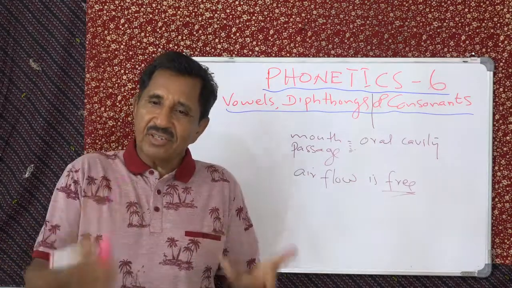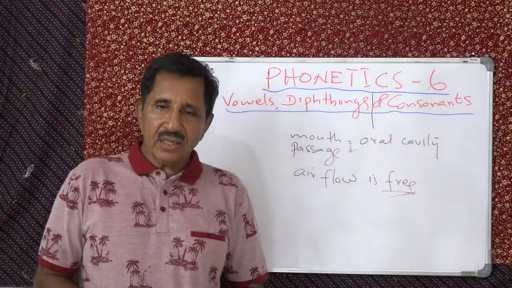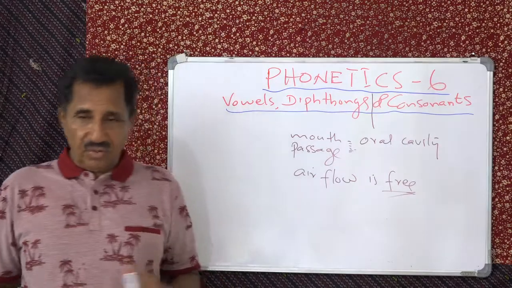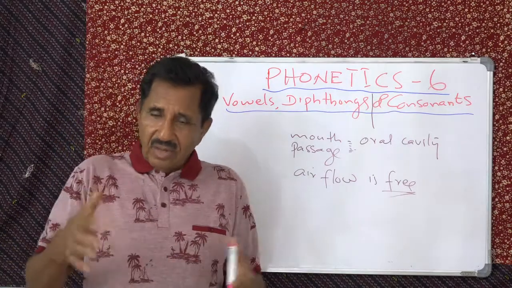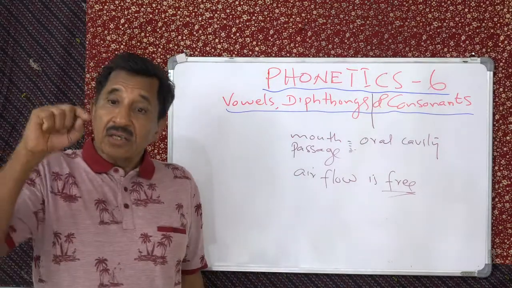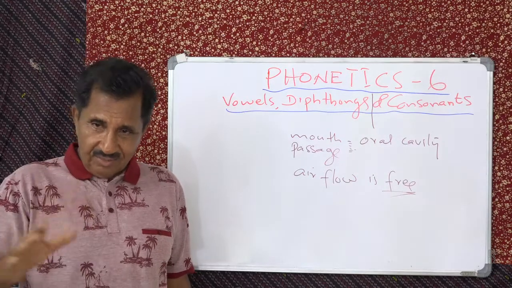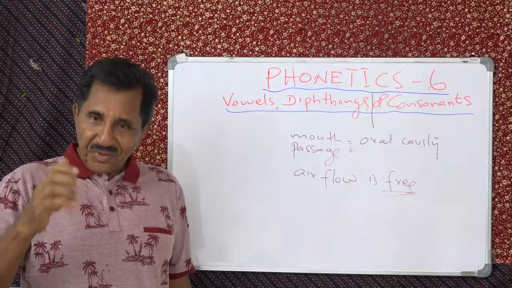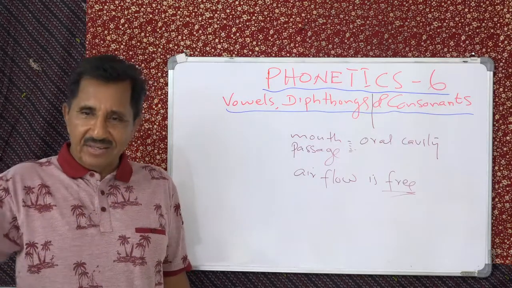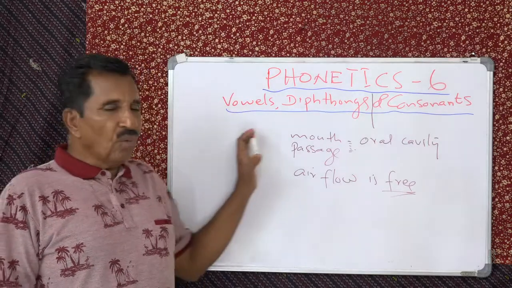So what is the definition of a vowel? Vowel here includes diphthongs. I told you there are 20 vowels: 12 pure vowels and 8 diphthongs. Together you can call them vowels in this sense. So, if you produce a sound with a free flow of air, you can call that a vowel sound.